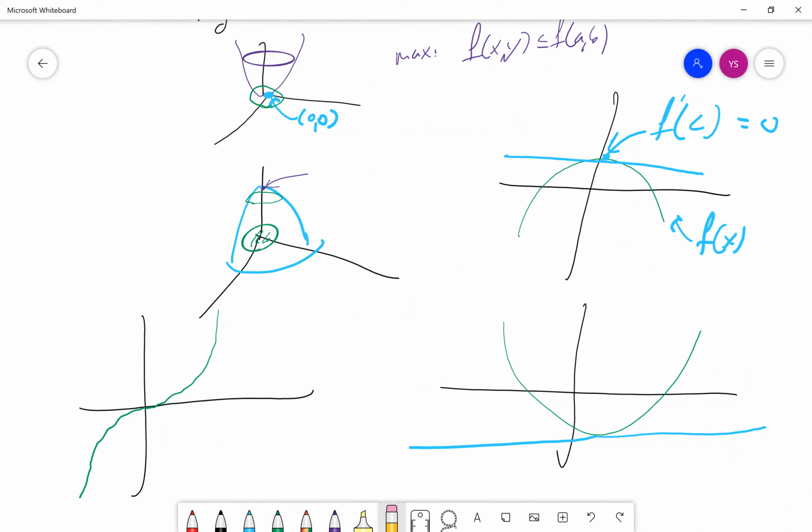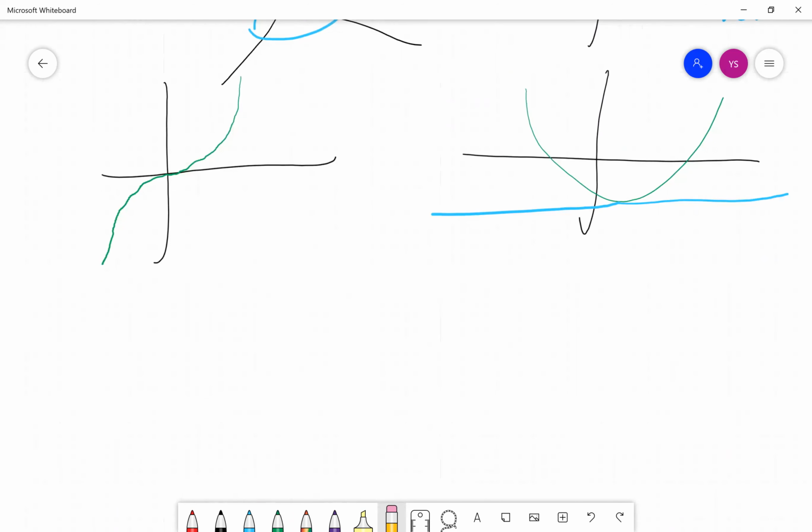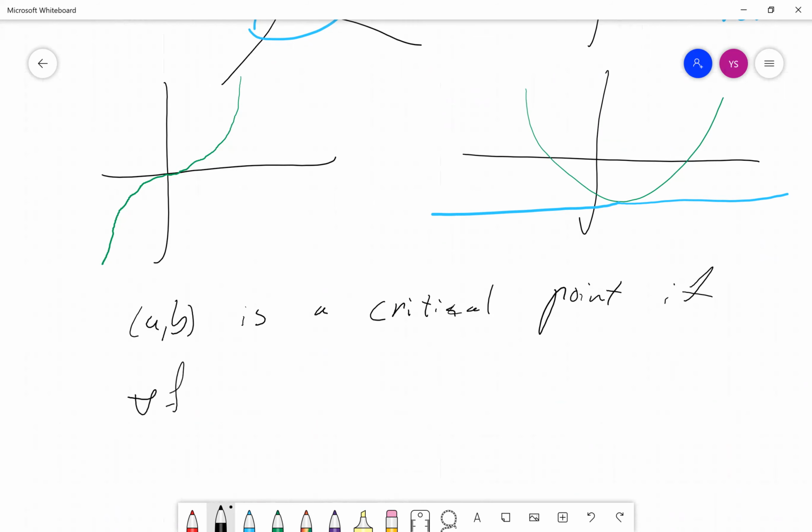So in a similar situation, we have critical points in Calc 3. So (a, b) is a critical point if the gradient of f at (a, b) is equal to 0.